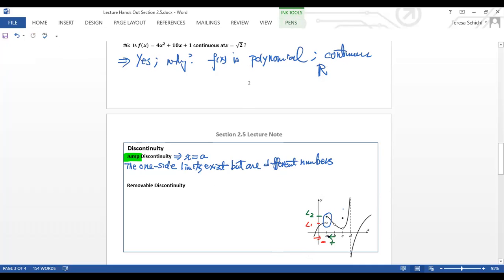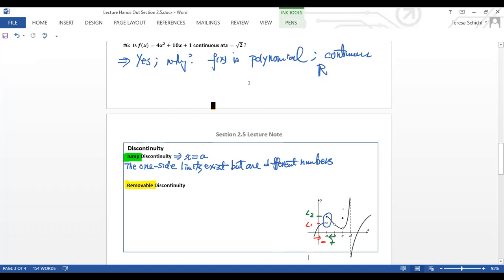When you approach from the left-hand side and when you approach from the right-hand side, both limits exist, but they are different. That's why we mean a jump. Okay, so now the next one we talk about is removable discontinuity.